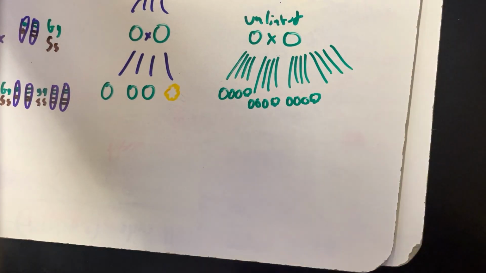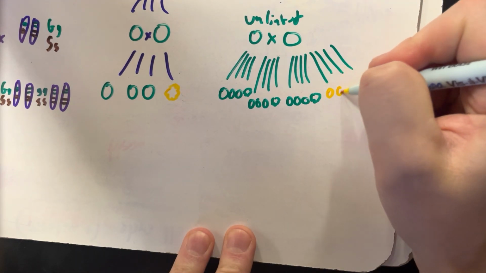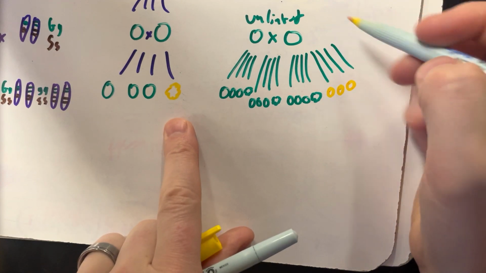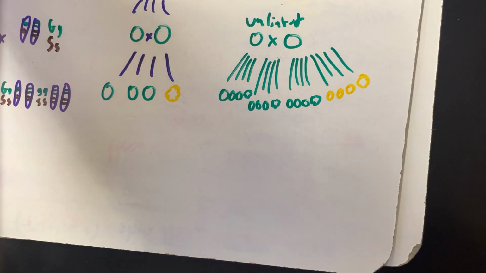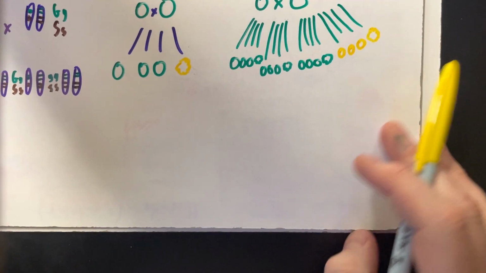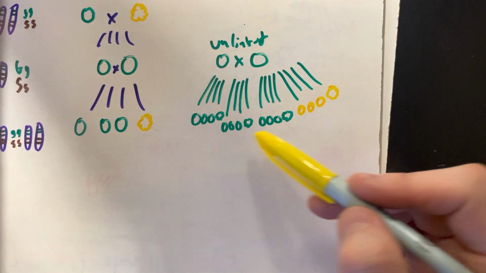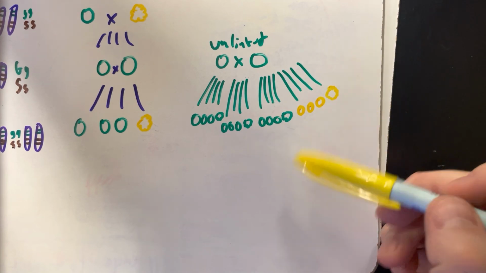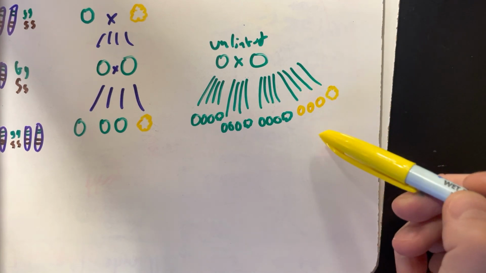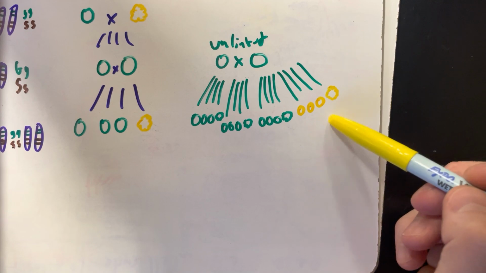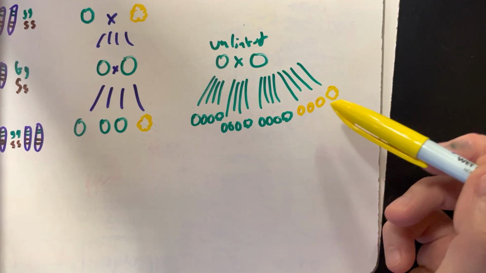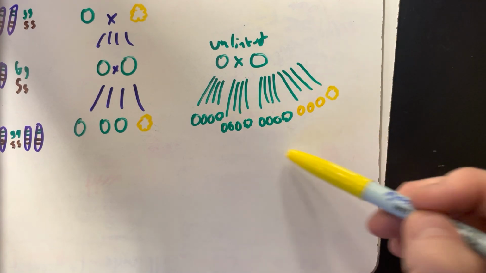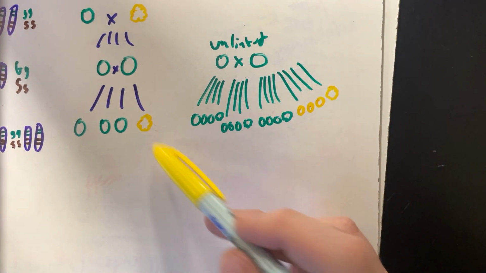You'd expect a quarter to be yellow, but 3/4 of those yellow ones to be smooth, and only a quarter of them to be yellow and wrinkly. So this is what Mendel found with all of his traits. He found that the color of the pea didn't actually match the color of the flower. There was no linkage between the two. If they're unlinked, they're completely random.